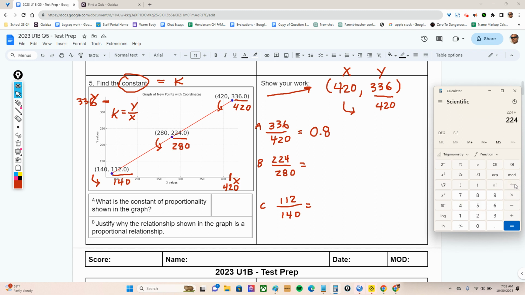224 divided by 280, 0.8. And we could guess the last one is 0.8 because this is a straight line. So they should all have the same constant. Plus they go through 0.